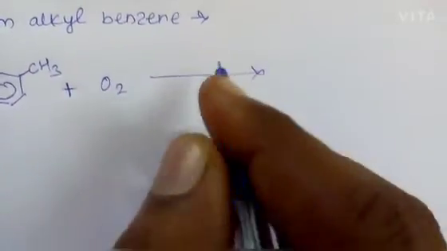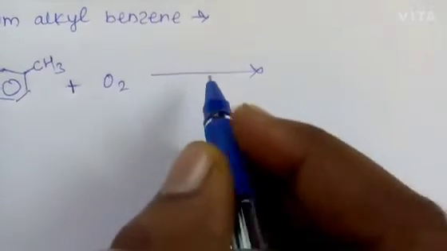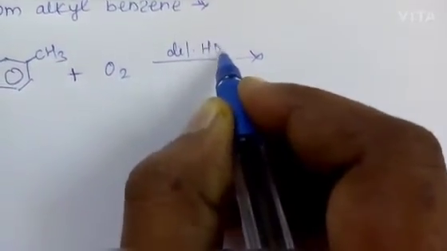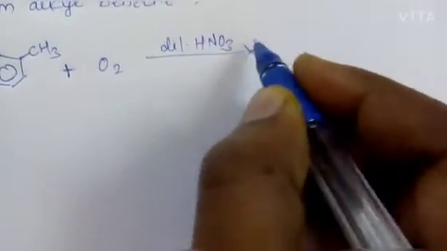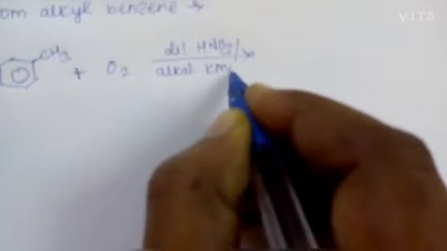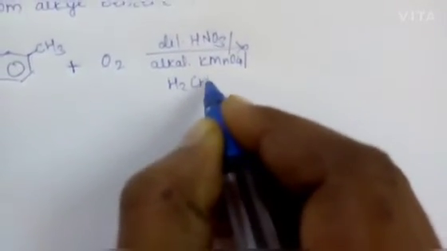hydrogen atom. Now this oxidation takes place in presence of dilute nitric acid, that is HNO3, or we can take alkaline KMnO4, or we can take chromic acid, H2CrO4.